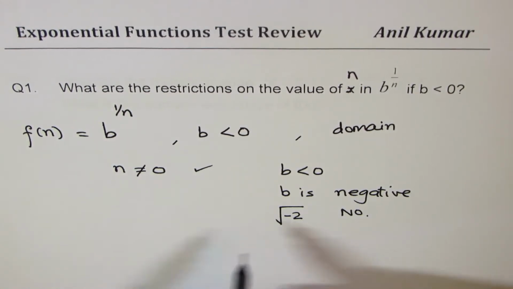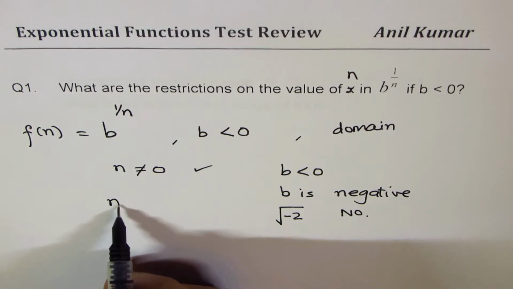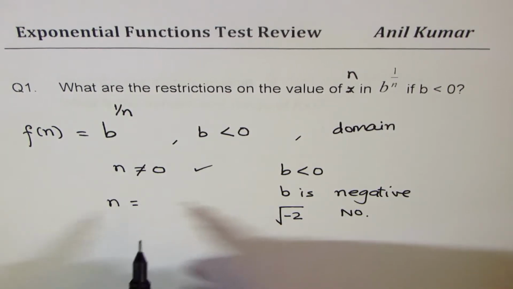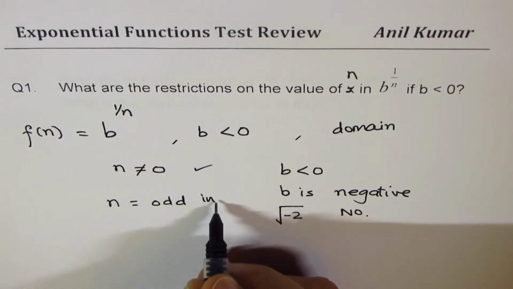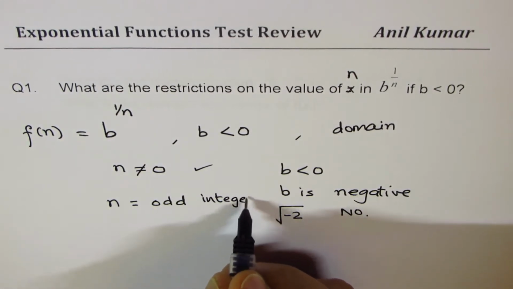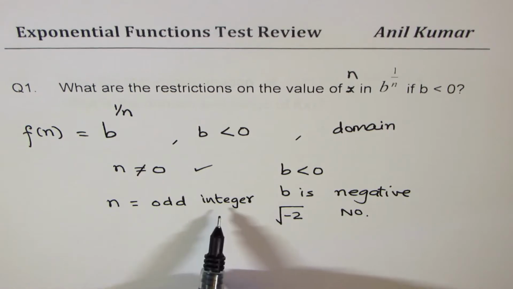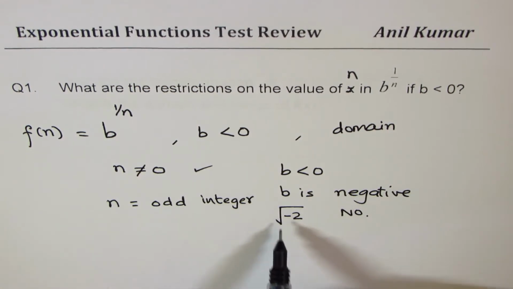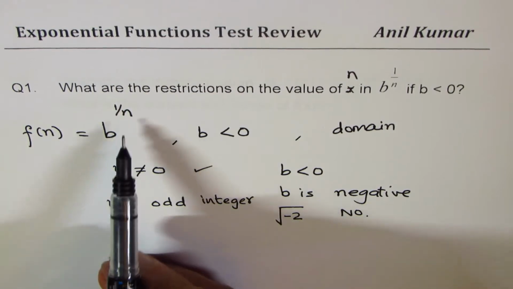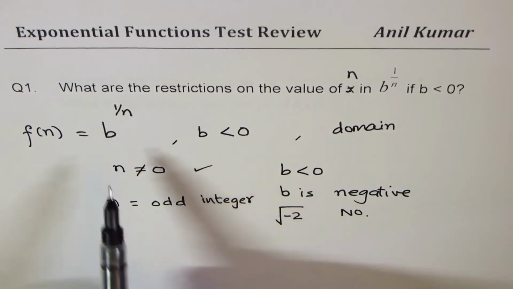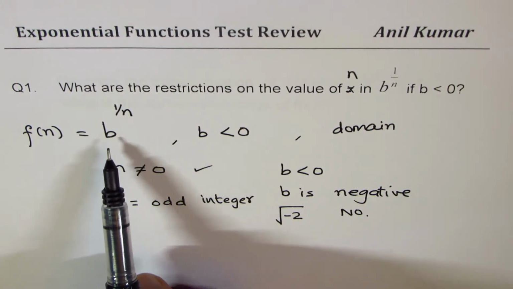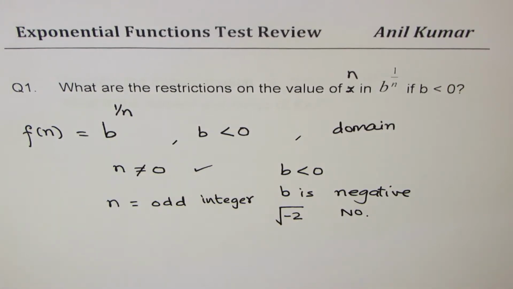So that tells you that n should also be an odd integer. So n cannot be even because even roots of negative values of b are not defined. You get an idea, right?